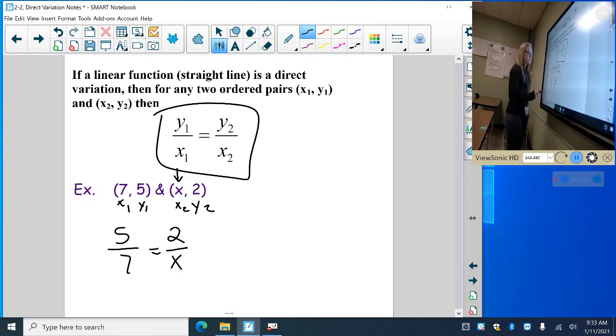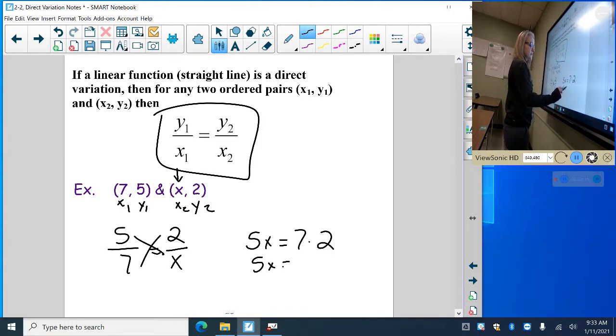If you remember, this would have been in Algebra 1 or even before, how do you solve a proportion like this? You cross multiply. So I have 5 times x equals 7 times 2, which is 14. So 5x equals 14, divided by 5, x equals 14/5.